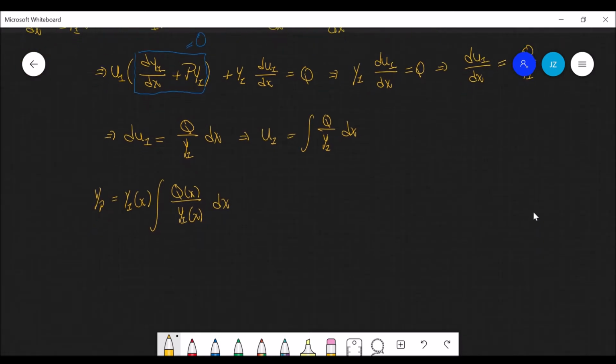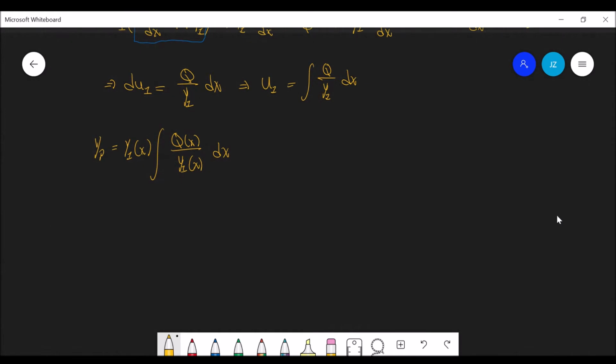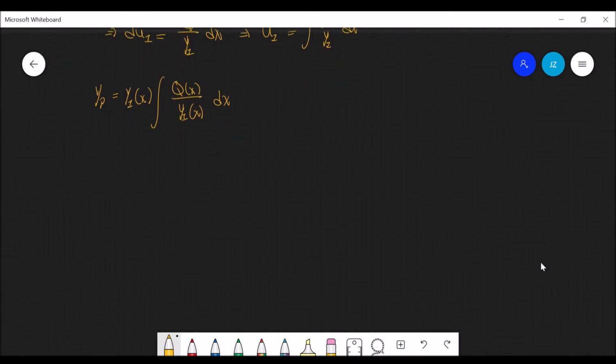Now, remember, when we studied linear first order differential equations, we found that y1 would be of the form e to the negative integral p of x dx.